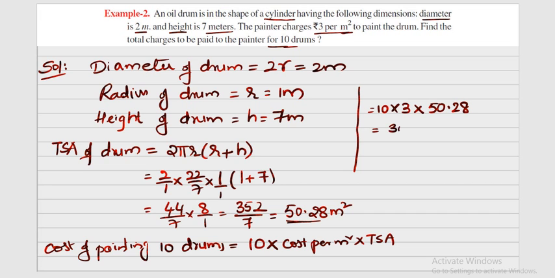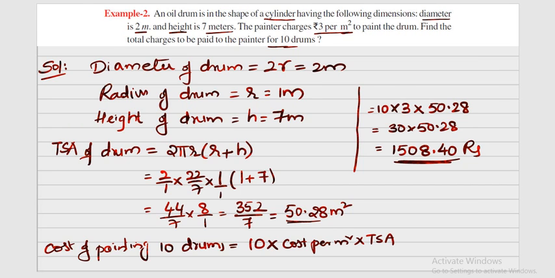So this becomes 30 into 50.28. So it comes nearly 1500 rupees, right? So which I am going to get 1508.40 rupees. So this is nothing but the cost for painting 10 drums. Okay, so these are calculations, you can do it easily, right?